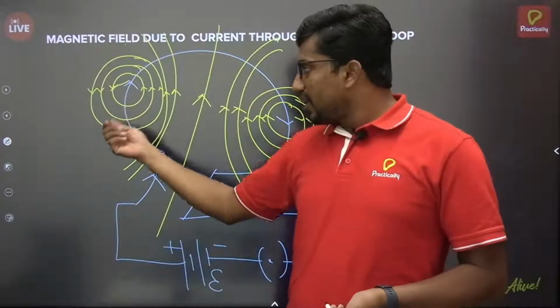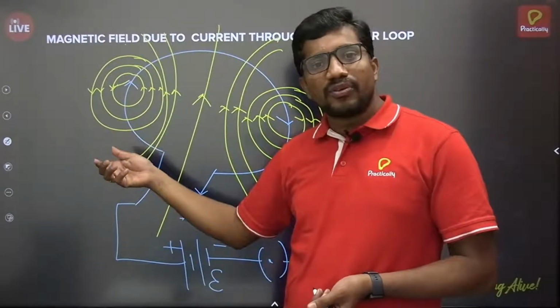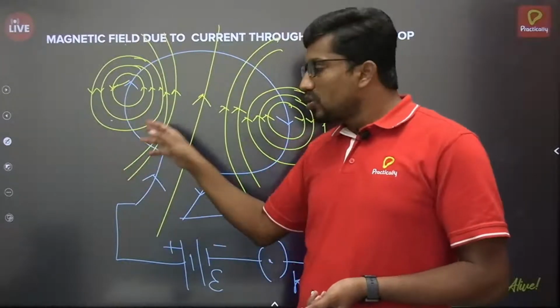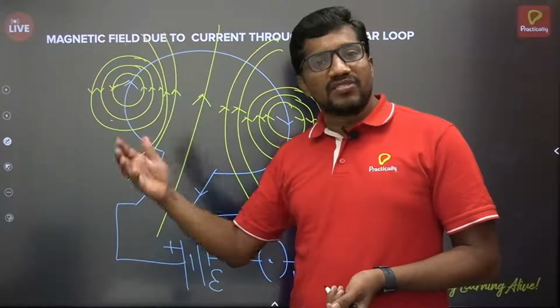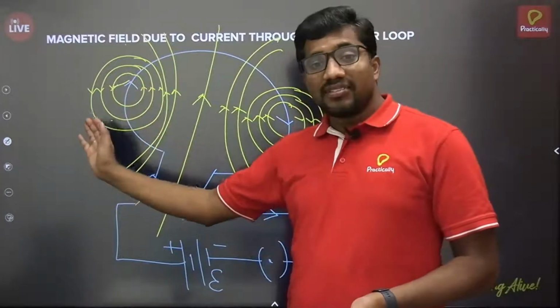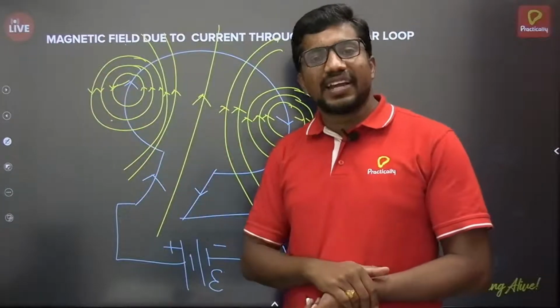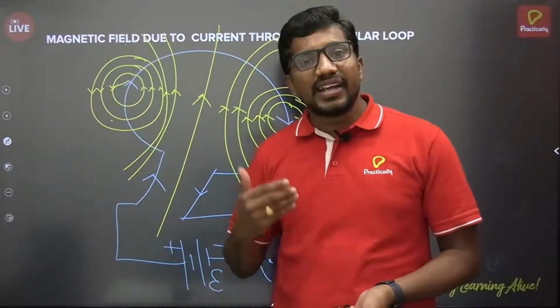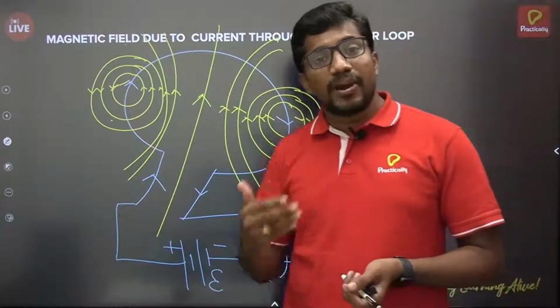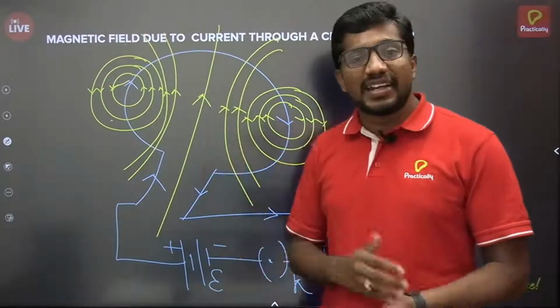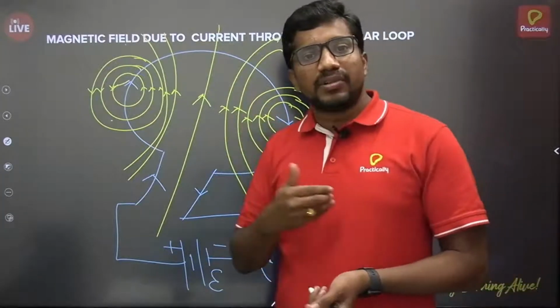Suppose if you are taking the point a bit close to the wire, then magnetic field strength is high. When you are taking the same point a bit far away from the wire, that means current carrying conductor, the magnetic field developed will depend on some different factors.